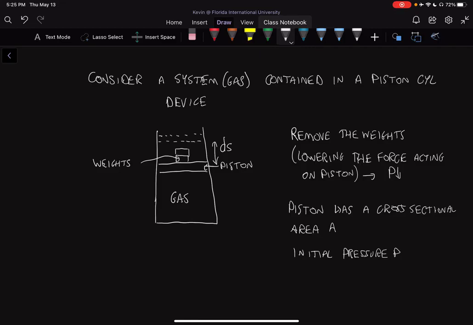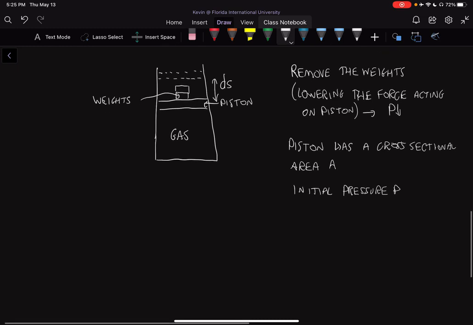Okay, and we're defining these values so that we can come up with a derivation and an equation for the system. So the work, and since this is a differential distance, okay, we're looking at a ds, the work is going to be equal to dWb. Okay, and you should know this from other classes, that work is equal to force times distance.